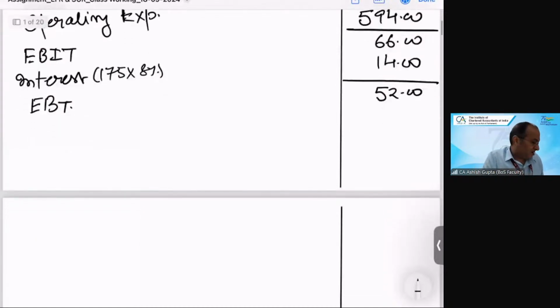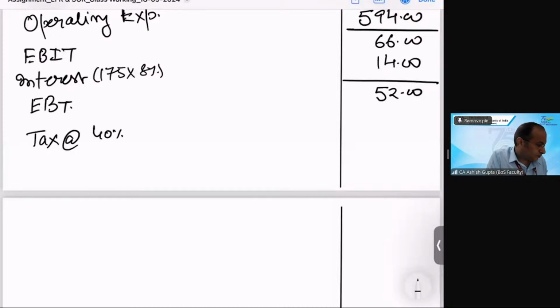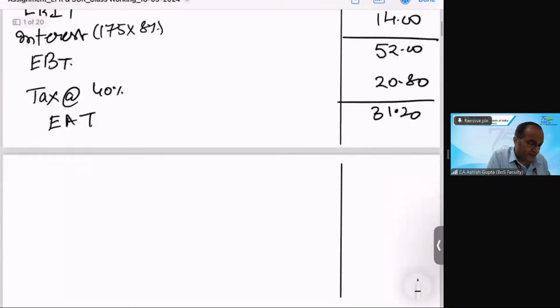Okay, now next we are given the tax. This will be earning after tax.